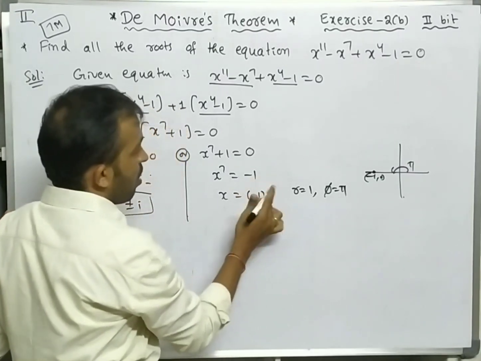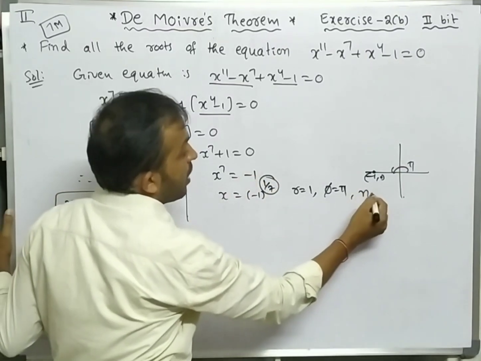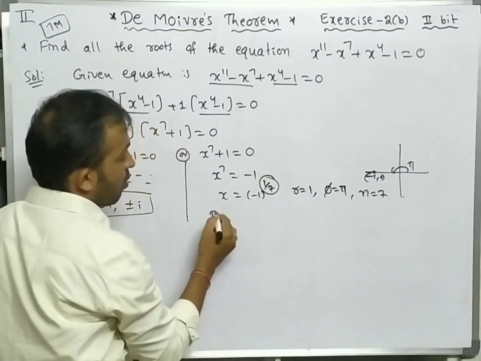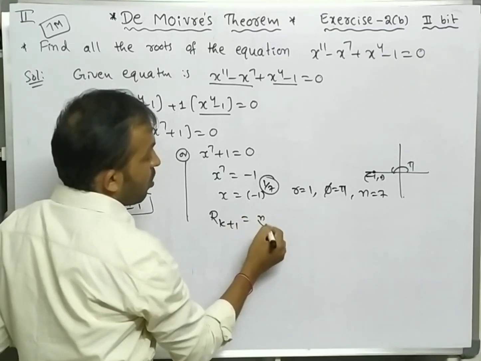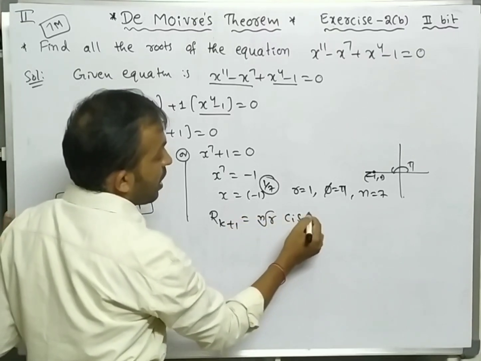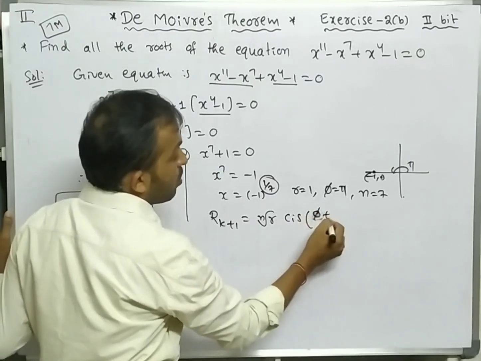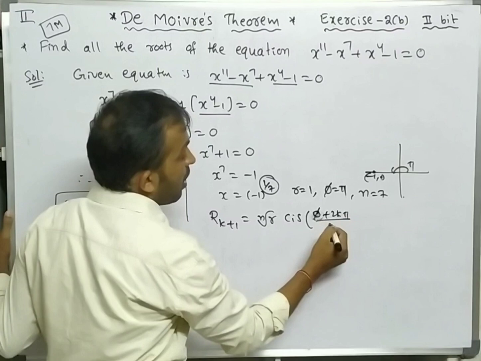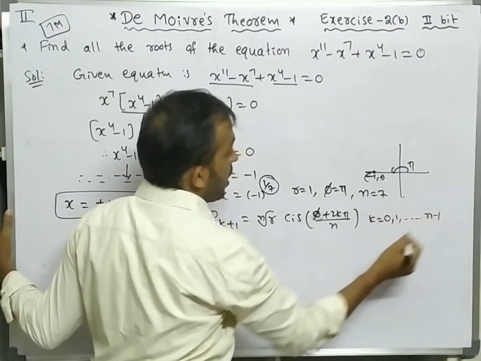Sorry, this is not minus 1 power 7, this is minus 1 power 1 by 7. Here r value is 1, the root of minus 1 square plus 1 square, and the theta value is pi. The complex number minus 1 is located here, so the angle is pi. Don't take minus pi, it is pi. The n value is 7. The formula for finding roots is nth root of r cis of pi plus 2k pi by n, where k is equal to 0, 1, and so on up to n minus 1.